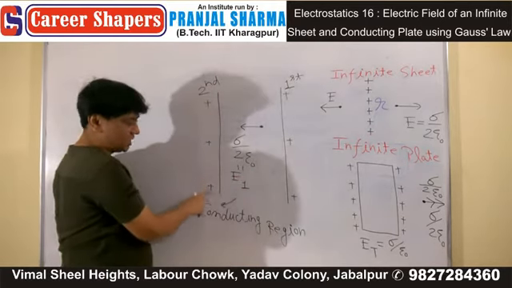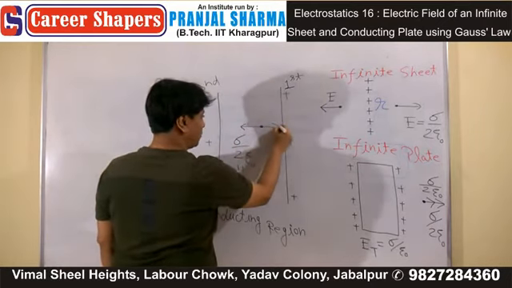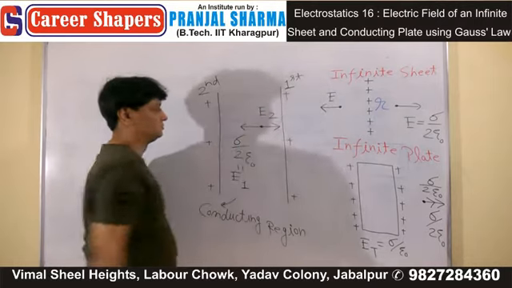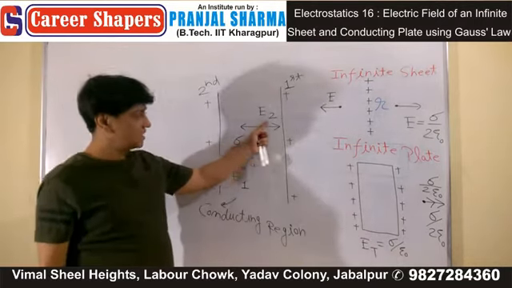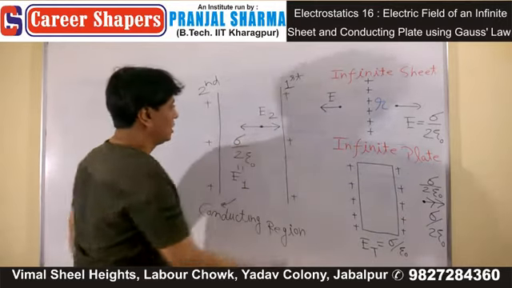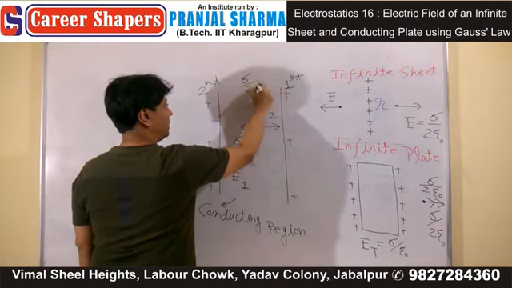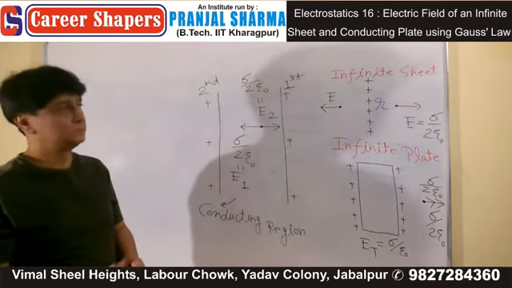This second charge, its electric field will be what? E2. This second infinite sheet, its electric field is E2. And what is E2? E2 is sigma upon 2 epsilon 0.